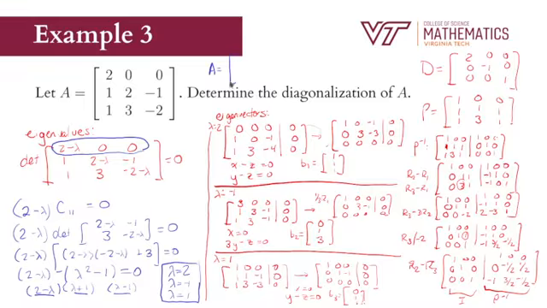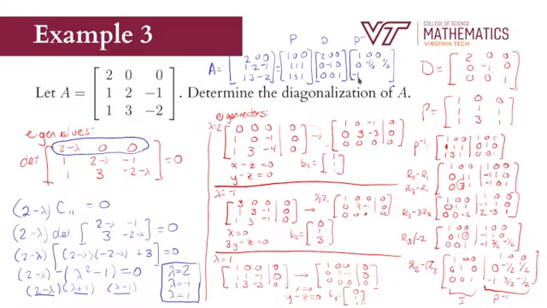A is 2, 0, 0, 1, 2, -1, 1, 3, -2, and that equals P, which is 1, 0, 0, 1, 1, 1, 1, 3, 1, times D, which is 2, 0, 0, 0, -1, 0, 0, 0, 1, times P inverse, which is 1, 0, 0, 0, -1/2, +1/2, -1, 3/2, and -1/2.